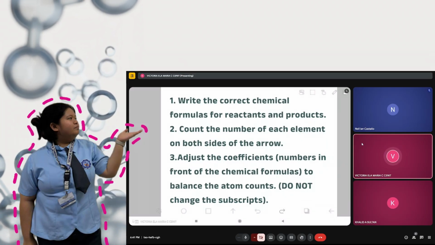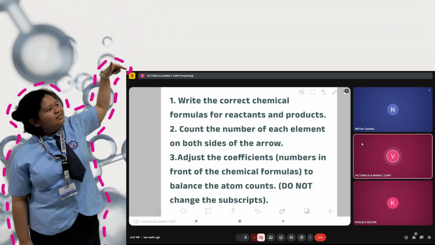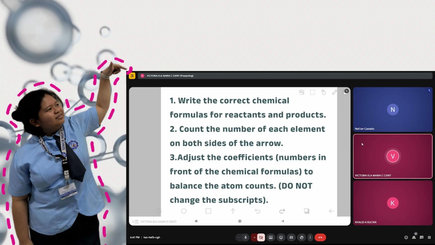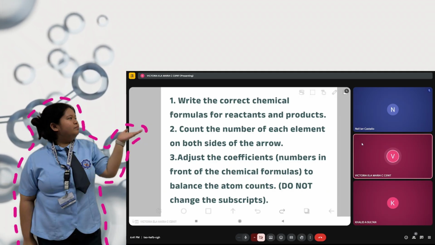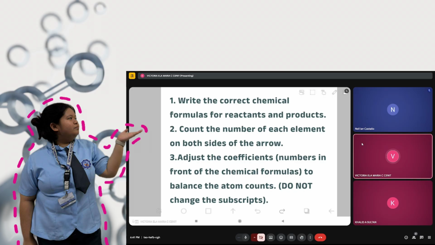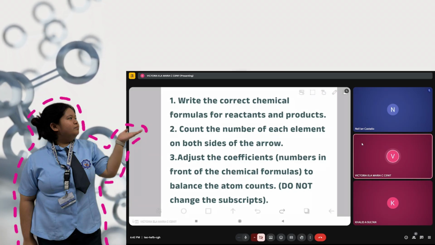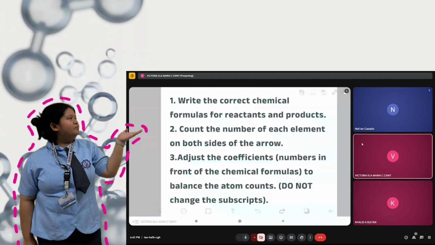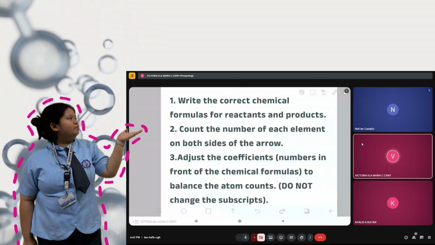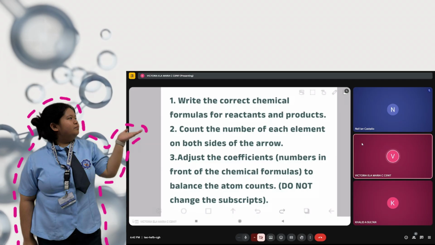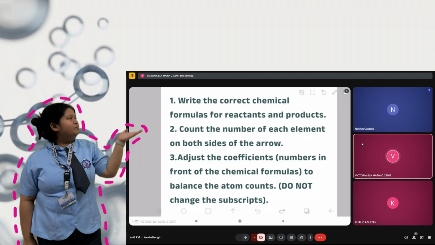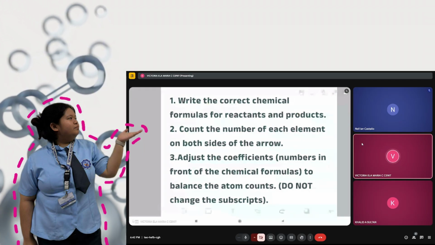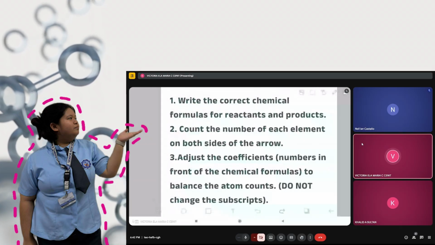Before we review the examples, here are the main rules in balancing chemical equations. First, write the correct chemical formulas for reactants and products. Second, count the number of each element on both sides of the arrow. Third, and lastly, adjust the coefficients, which are the numbers in front of the chemical formulas, to balance the atom counts.